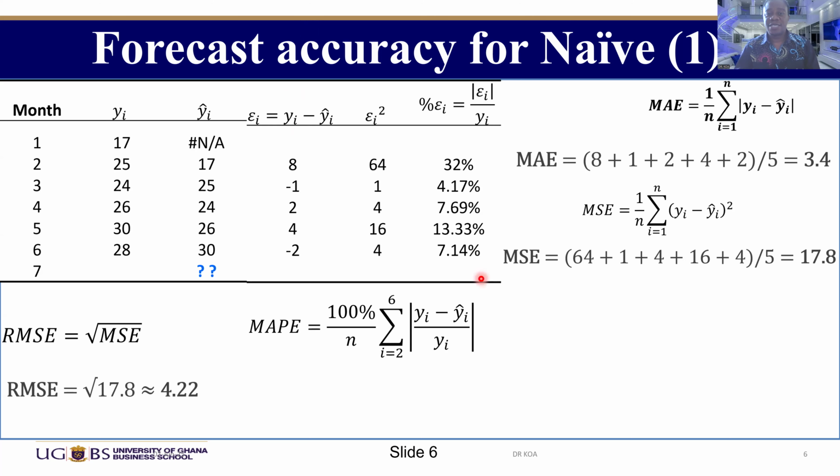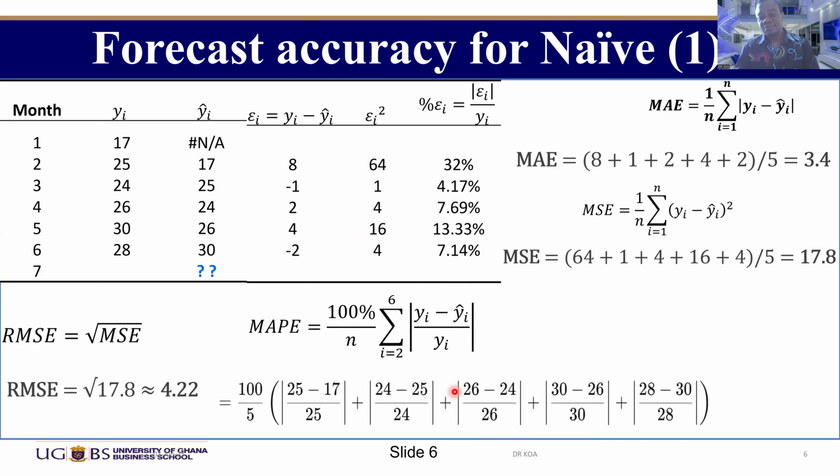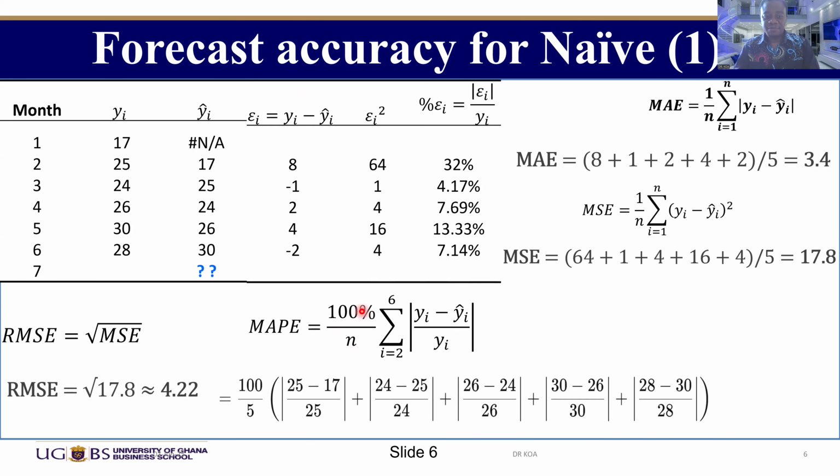So take note of this. How do you calculate this? Well, as you can see here, it is just the error at the top divided by this. So for each one of them, you take the error divided by their respective actual values.